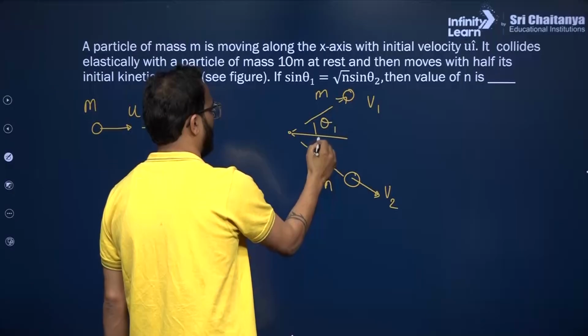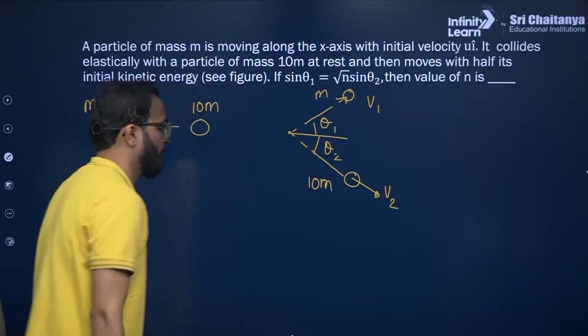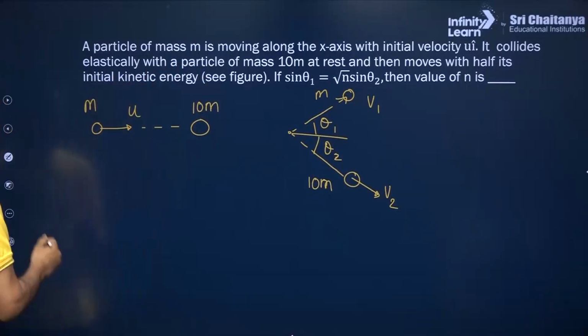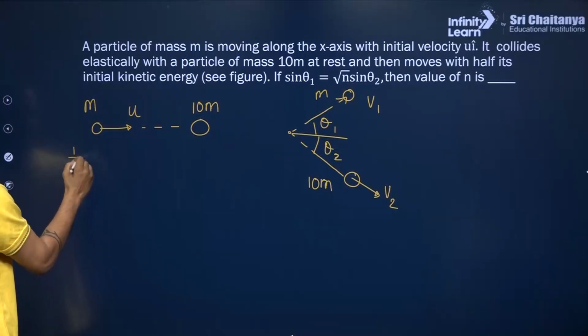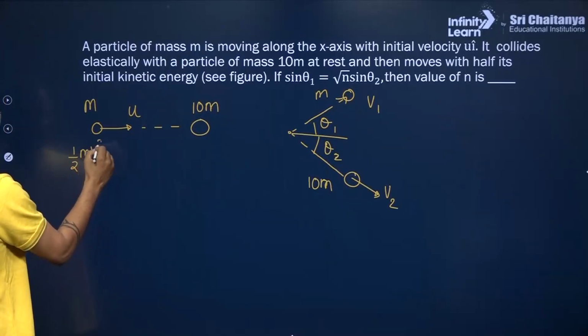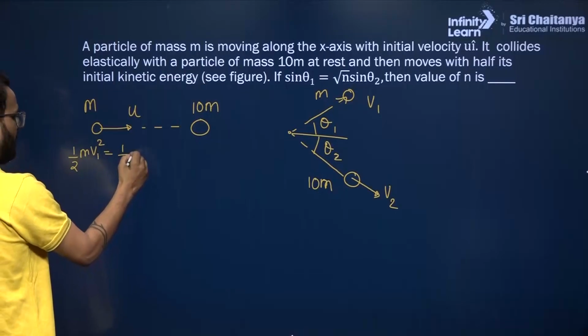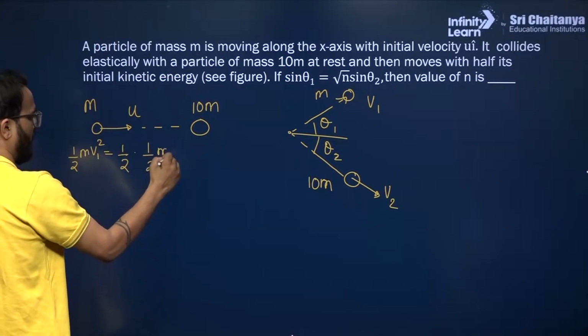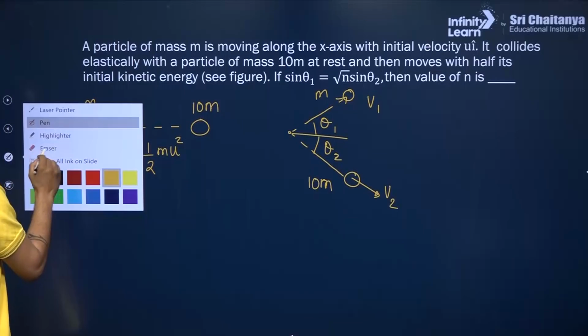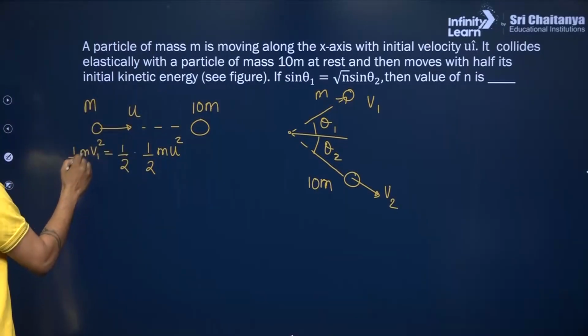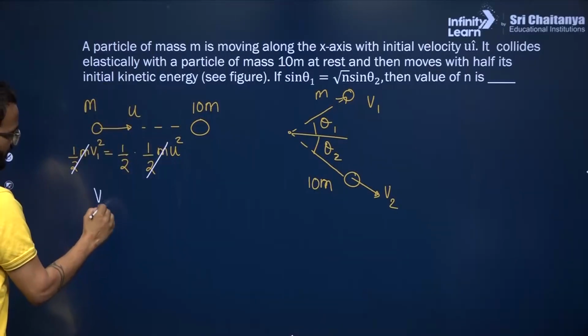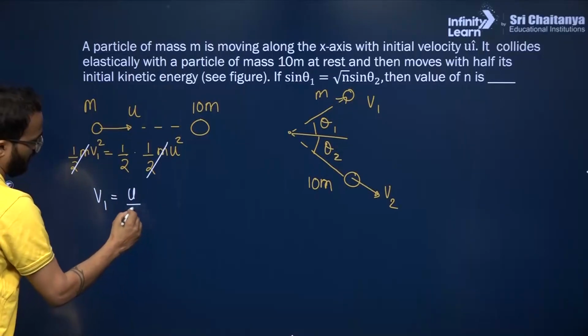This angle is theta 1, this angle is theta 2. Now first of all what they have given is the final kinetic energy of m, that is half m v1 square, is half times its initial kinetic energy. So obviously half m gets cancelled, v1 will be u by root 2.